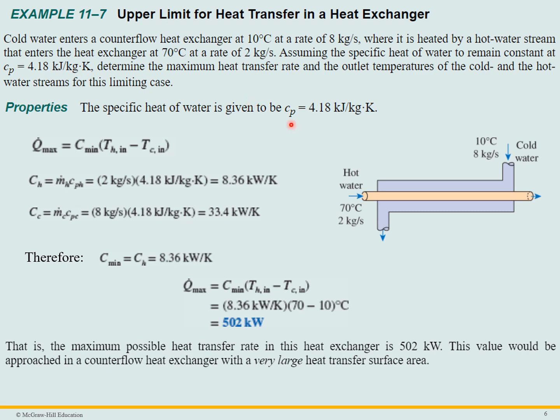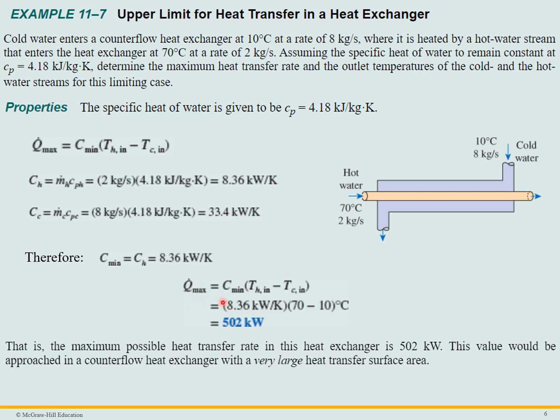So here we're given the specific heat for water. The relevant equation is Q dot max is equal to C min times the temperature difference between the hot and cold coming in. So we can determine C sub H and C sub C. So we get C sub H is 8.36, C sub C is 33.4. So the minimum is obviously the C sub H, 8.36.